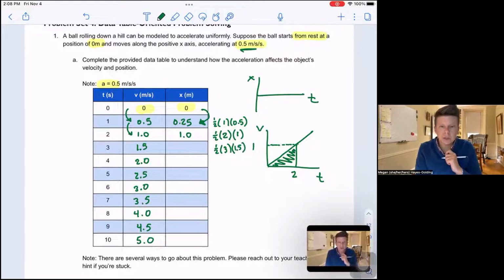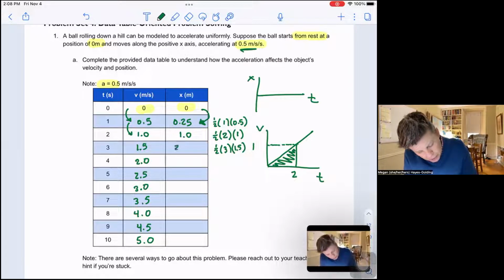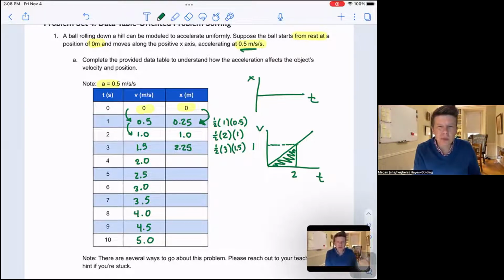One half times 3 times 1.5, 2.25 meters. I've calculated this before. I want you to continue the process all the way down. Pause the video, finish your calculations, and then come back and we will check that you've got the right answers all the way down.